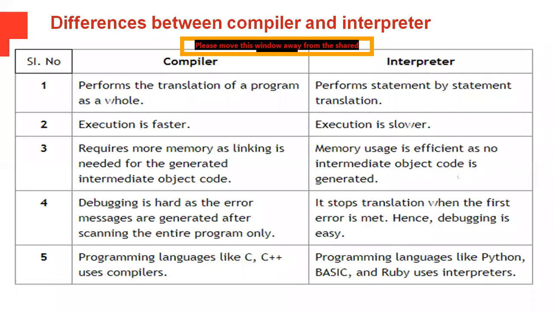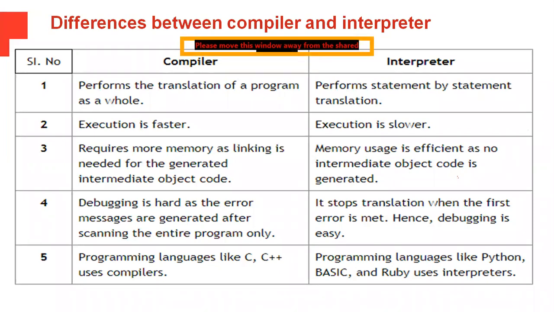So in the compiler, more memory is used. Why? Because we are linking some header files and some intermediate code generators. What is the best intermediate code generator? Three address code. We can convert that intermediate code into object code.